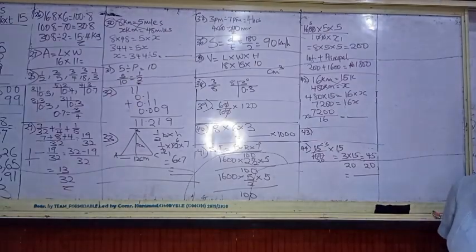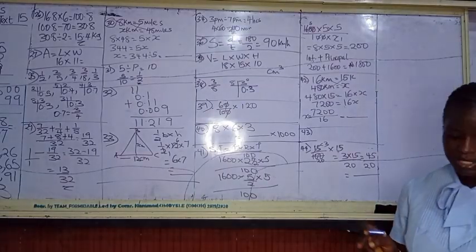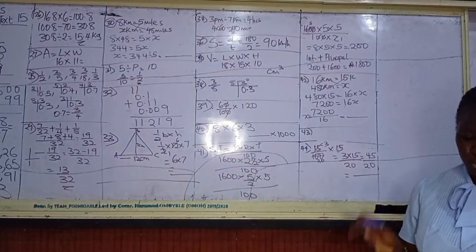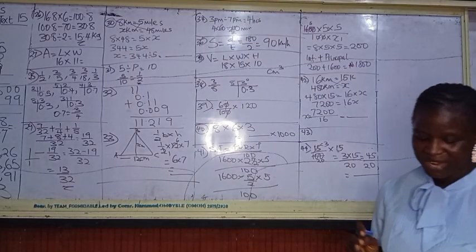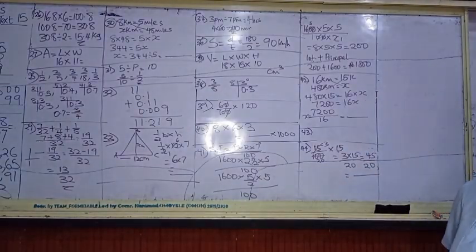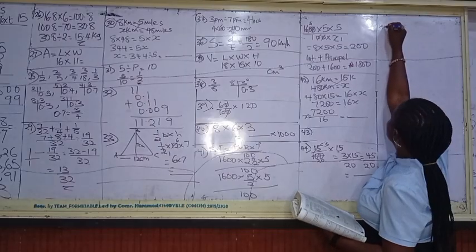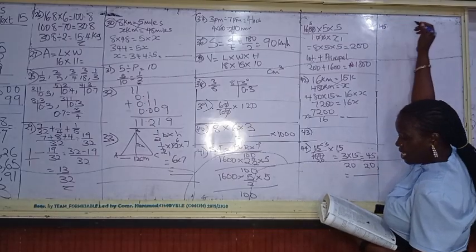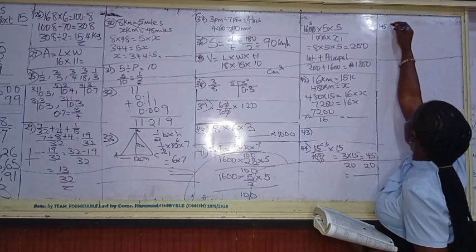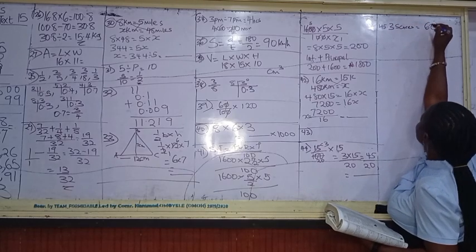Number 45 says, if there are 3 scores, a score is 20, 2 dozen, a dozen is 12, and 5 butterflies in a garden, how many butterflies are there altogether? A score is 20, so we have 3 scores. That is equal to 60.